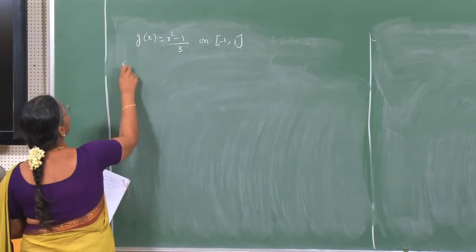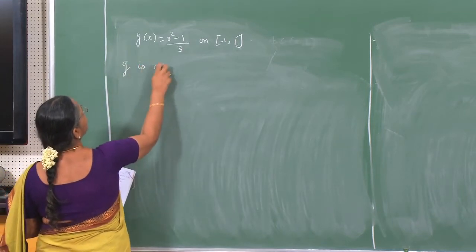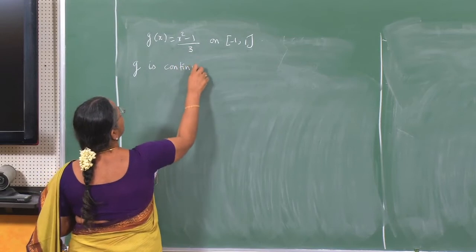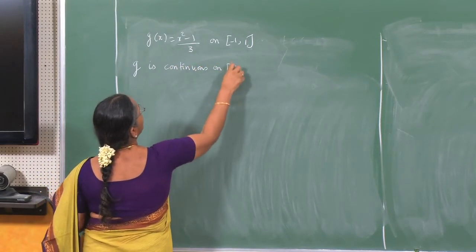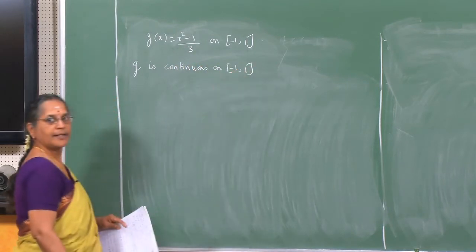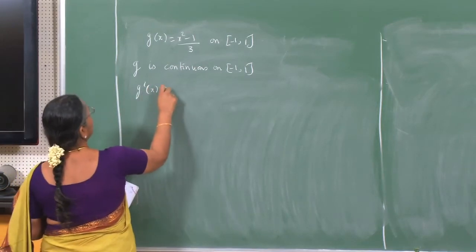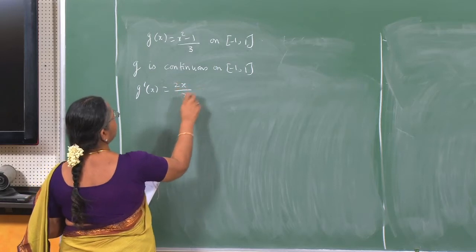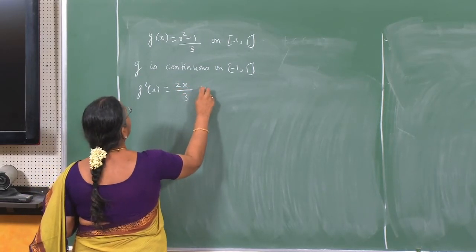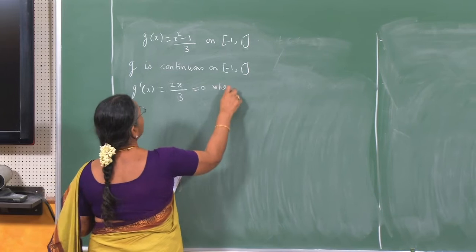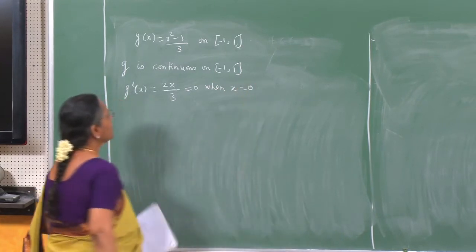We observe that g is continuous on this closed interval minus 1 to 1. Let us find g dashed of x, and that is 2x by 3, and it is 0 when x is equal to 0.